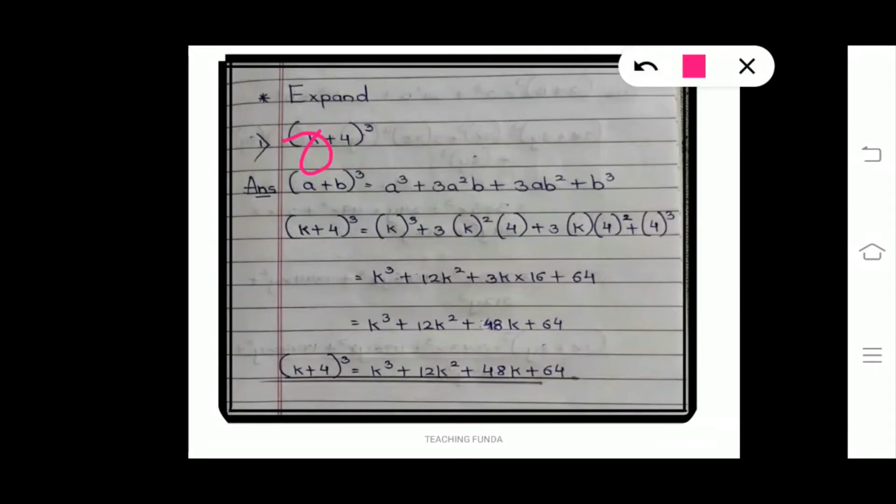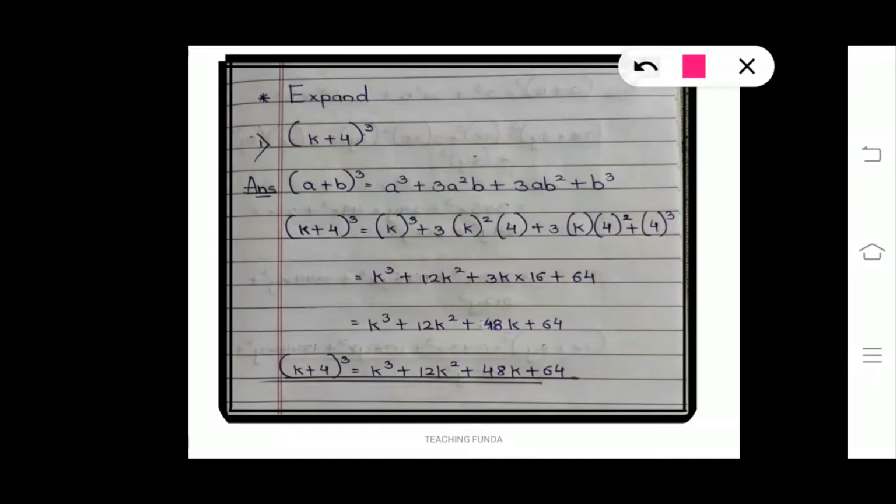Now in the place of a you have to use k, in the place of b you have to use 4. 3a square means k square into 4, plus 3k into b square, means second term is 4 square.